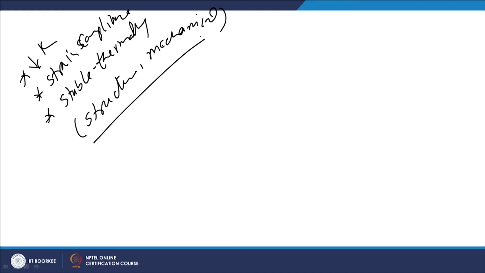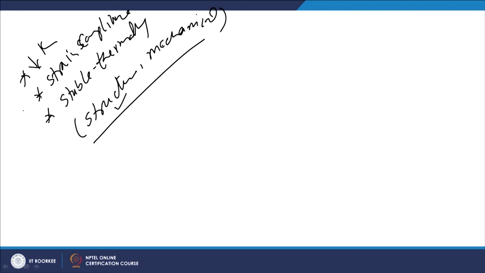Thermally stable means at a high temperature its structure does not get modified and it does not lose its mechanical properties.